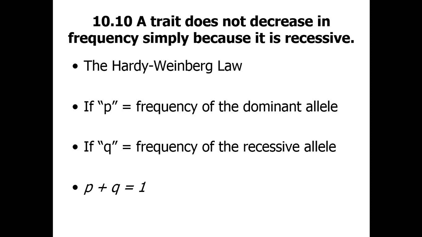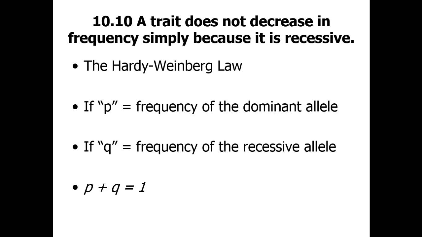So if you are trying to figure out what percentage of the population might have these alleles and what percentage of them might be able to pass those on to their offspring, this is a useful thing, especially, like I said, for endangered species or species that are in danger of becoming extinct.